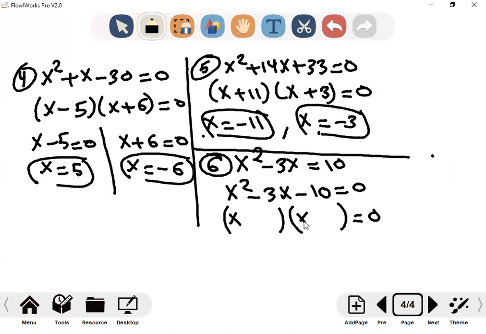X, 2, 5. This is negative. This takes the bigger. This is the opposite. Check. 2 multiplied by negative 5, negative 10. Or 2 minus 5, minus 3. Now solve. X equals negative 2.